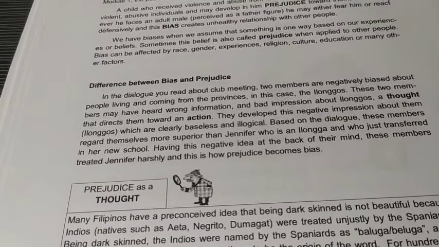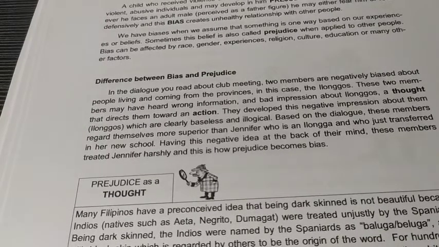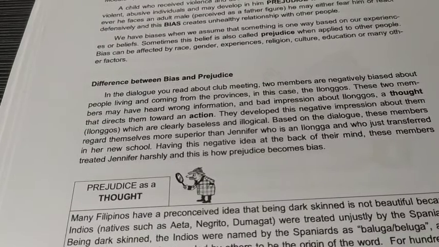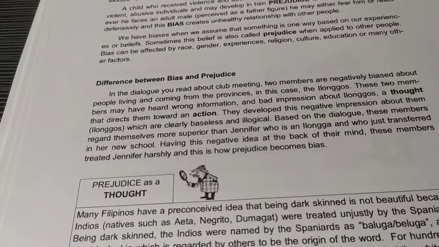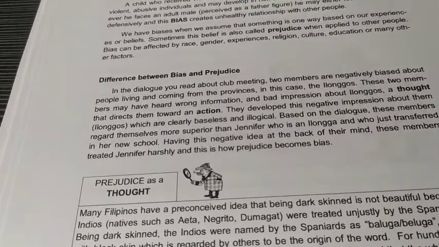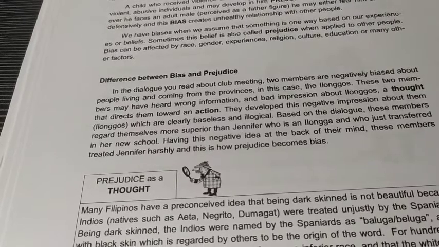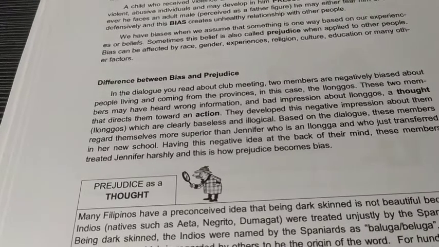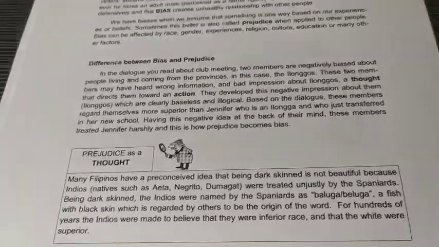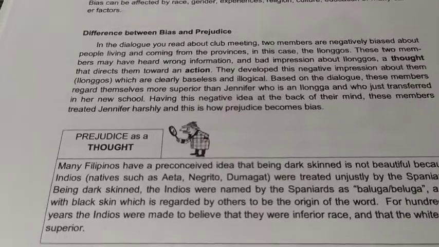And it becomes bias because the action made after those judgments was harsh toward Jennifer. So that is bias, because all students, all members should be treated properly. But Jennifer suffered from this judgment because of her race or the province where she came from. I hope this explanation made it clear about biases and prejudice.